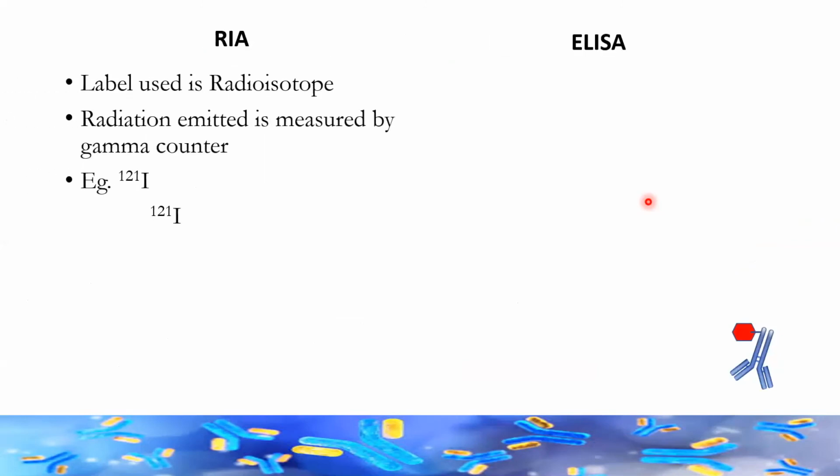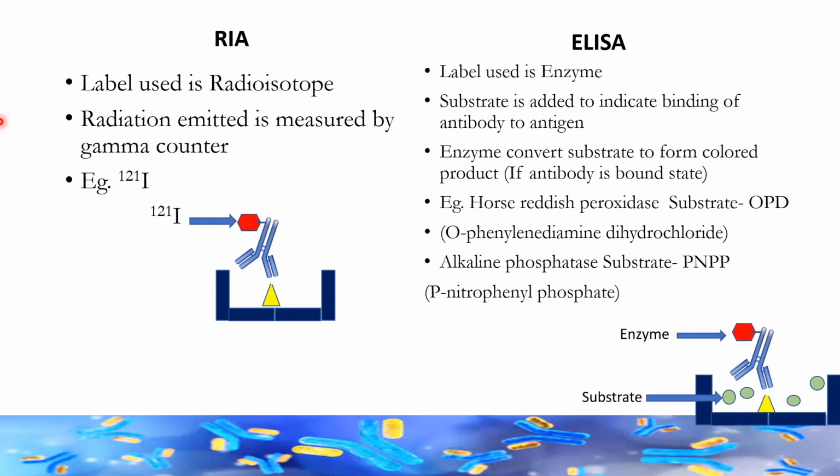Basically, radioimmunoassay is where the label uses a radioisotope and the radiation emitted is measured by a gamma counter. An example of a radioisotope is I-121.